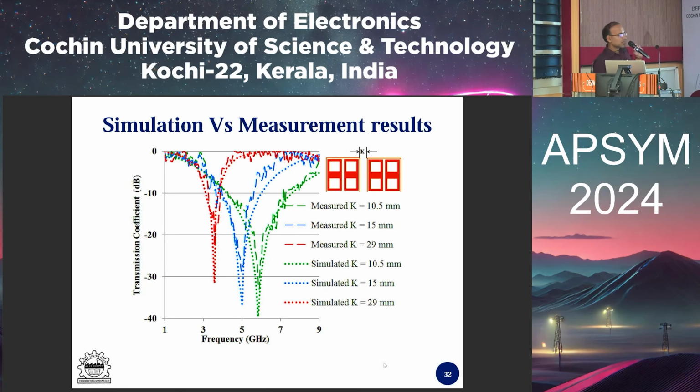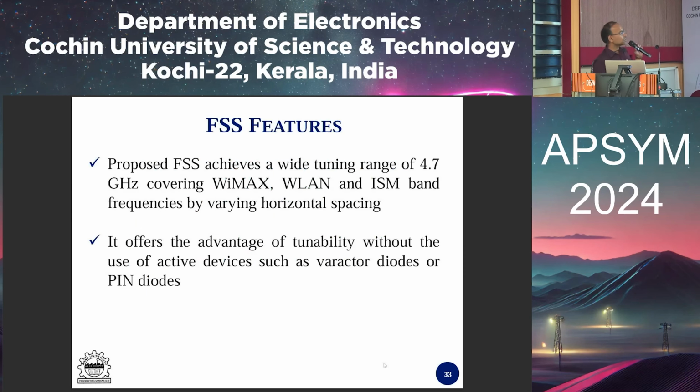Here we have columns. If it is changed from 10.5 to 15 and to 29, there is a change. We will be able to tune the frequency response. This is the frequency reconfigurable shielding surface, which covers three frequencies, starting from WiMAX, WLAN and ISM band.